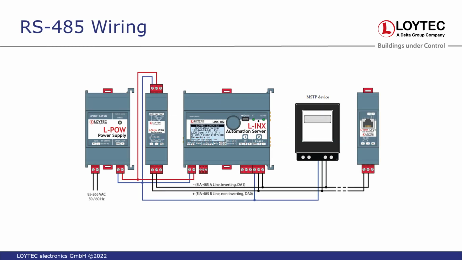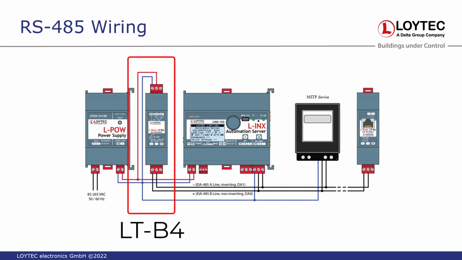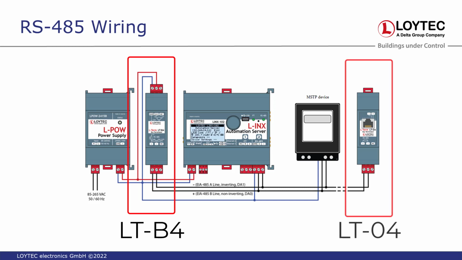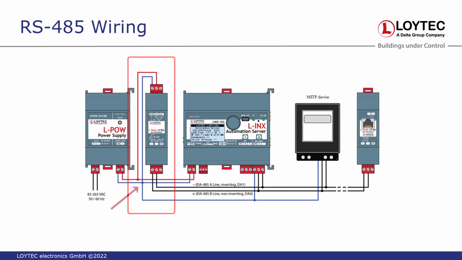To summarize the wiring, the optimal installation should contain a biasing circuit, for example LOYTEC LT-B4, on the beginning of the line and a 120 ohm resistor located at the end of the channel. The reference mask should be connected between each of the BACnet MSTP devices and the ground of the secondary side of the power supply.